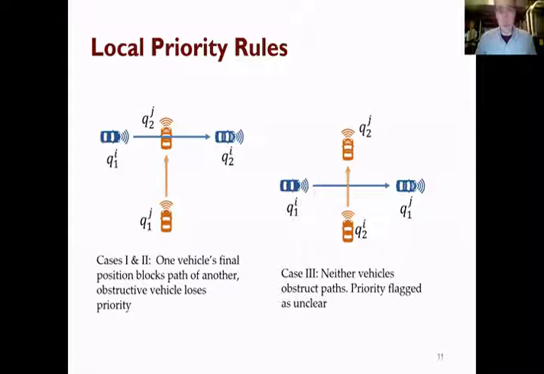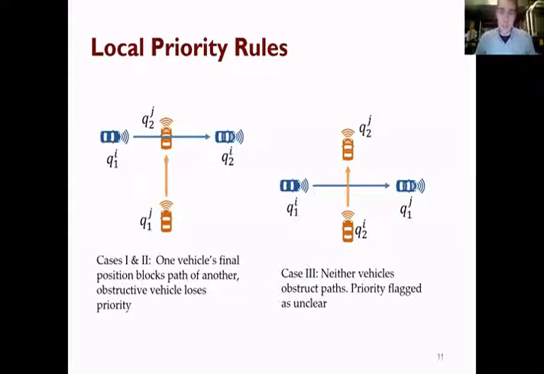So in this case, because robot J is obstructing robot I's path, we say robot I has priority over robot J. And as a result, robot I would be added to the higher priority set of robot J, and robot J would be added to the lower priority set of robot I. A special case for this is, you see on the right here, where a collision is detected, but neither robot obstructs the other's path.